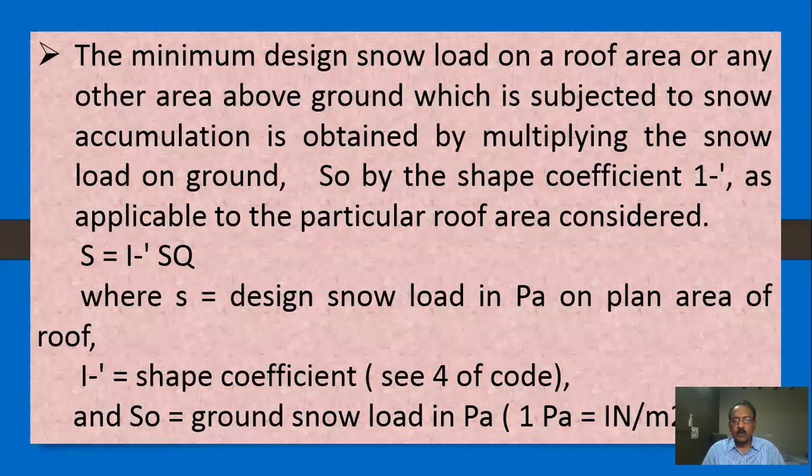The minimum design snow load on a roof or any other area above the ground subjected to snow accumulation is obtained from the snow load on the ground. Generally, this coefficient is denoted by mu, applicable to the particular roof area considered. This is just for information.